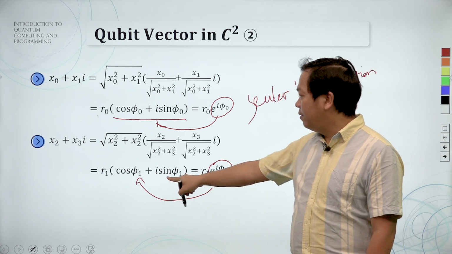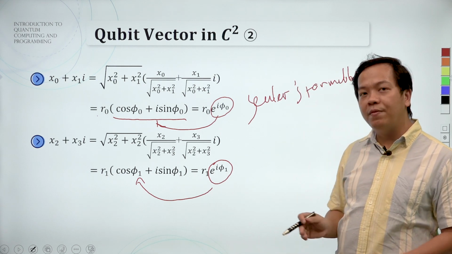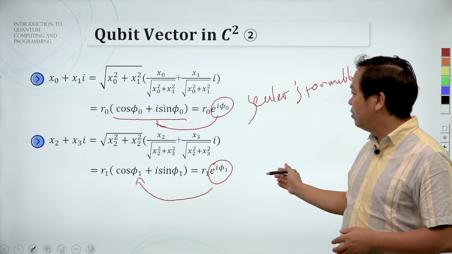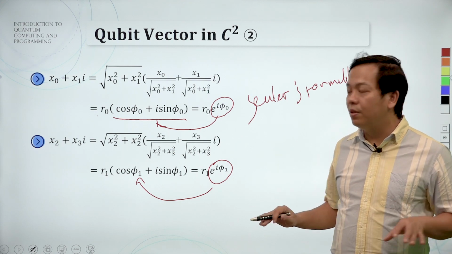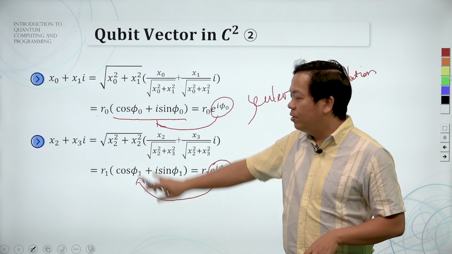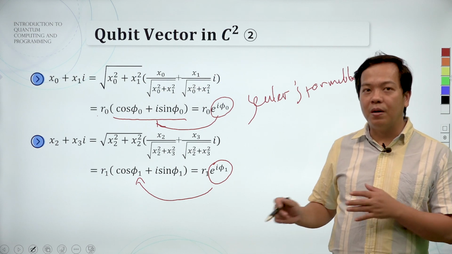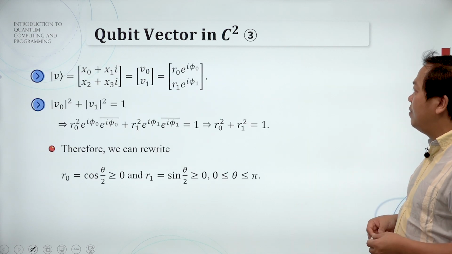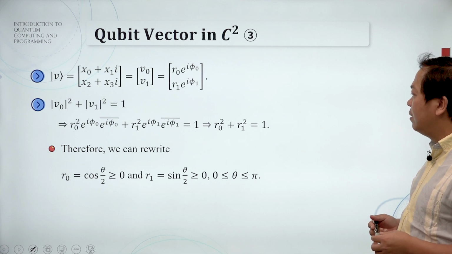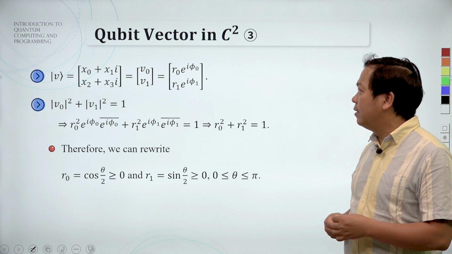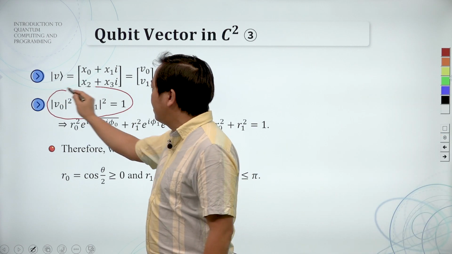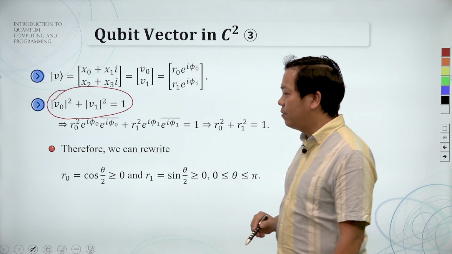This Euler formulation, in the previous lesson we already mentioned how we can use it to transfer between a complex number and the new format. And when we have a qubit vector, we can calculate that the length of the 2-vector in the qubit vector is equal to 1.